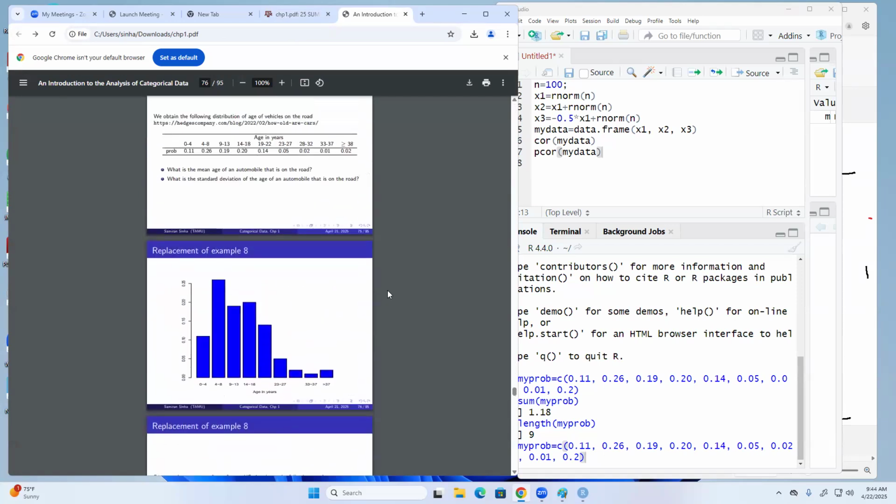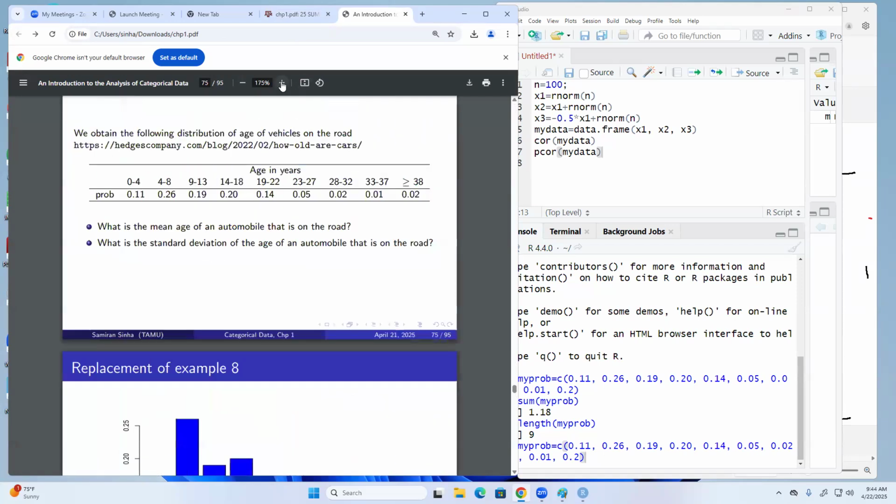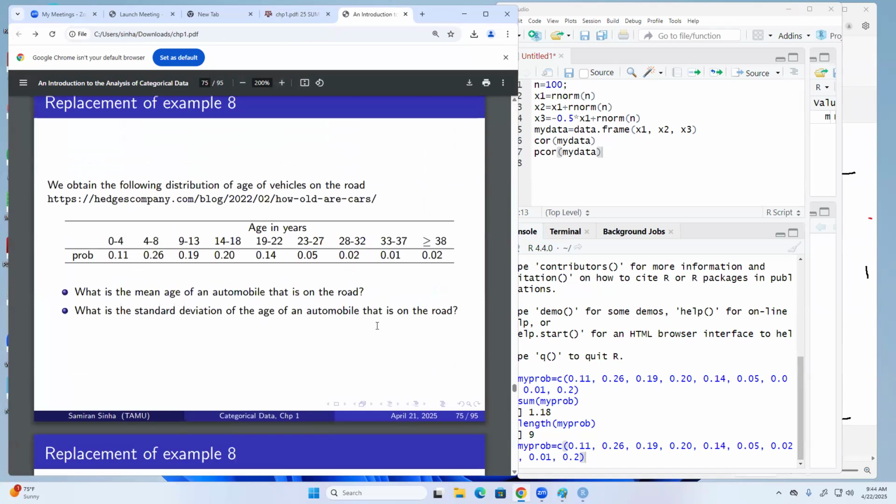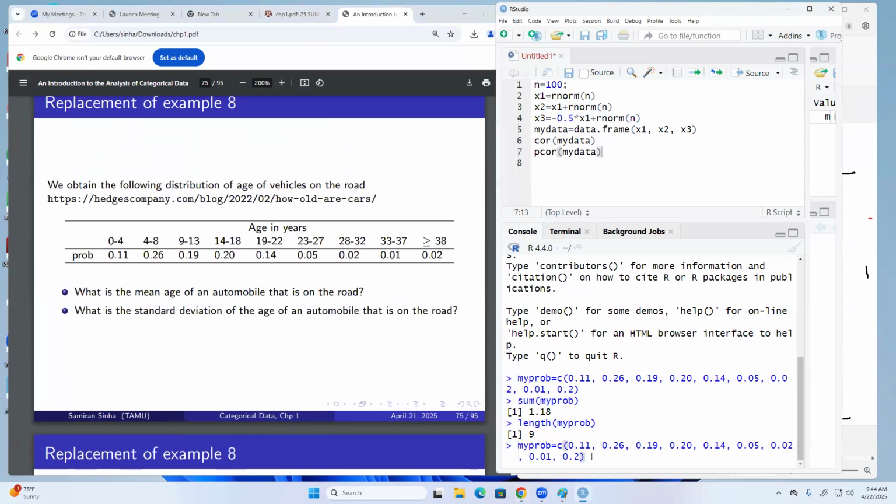That is the reason. Age distribution probabilities. So what is happening? The probabilities should add up to 1 if the categories are mutually exclusive. But it is not happening. That means I made some mistake when I was typing up the numbers.